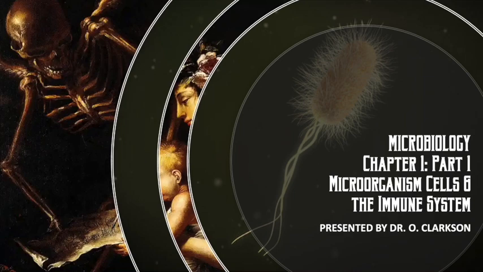So here's a chart that breaks down some of the major differences between bacteria, archaea, and eukaryotes. Nucleus: there's going to be no nucleus in bacteria or archaea. Archaea and bacteria are both going to undergo binary fission. Bacteria will have peptidoglycan, but archaea do not.